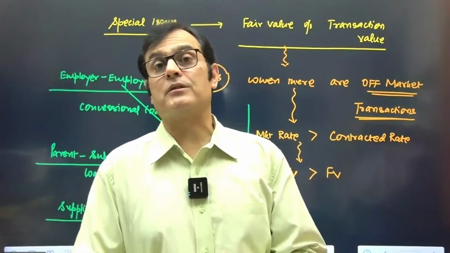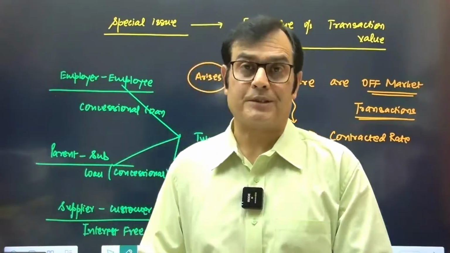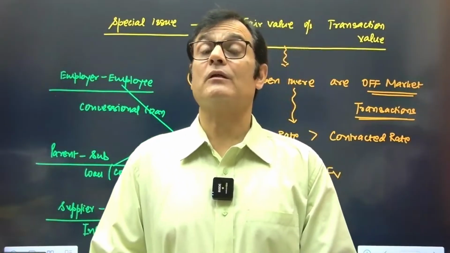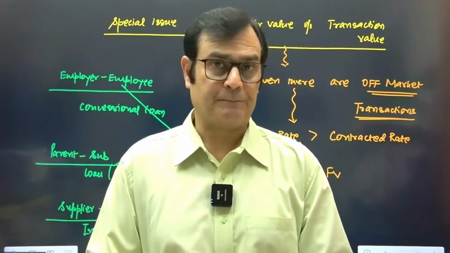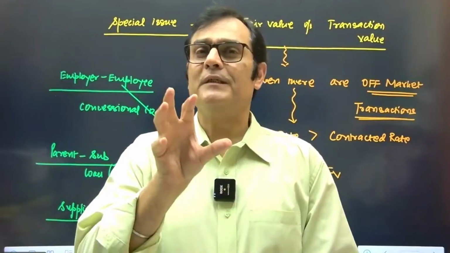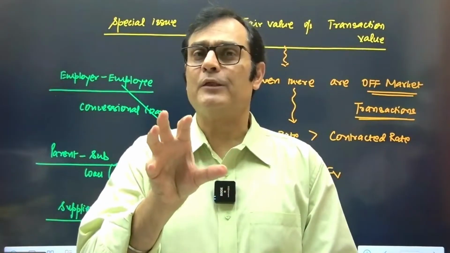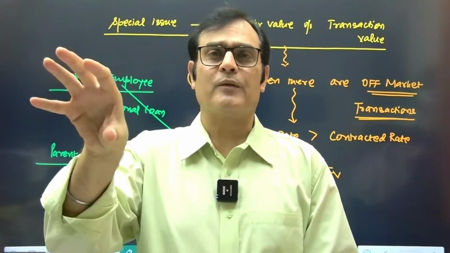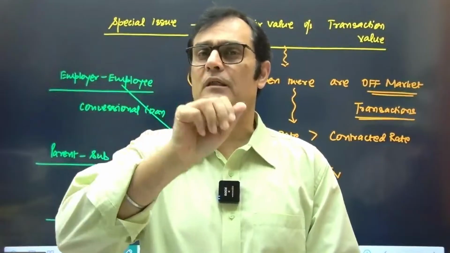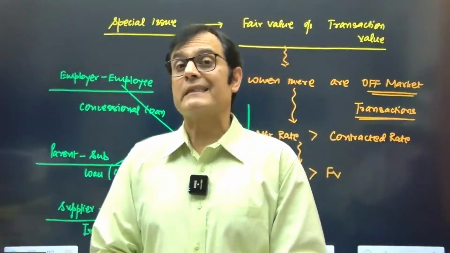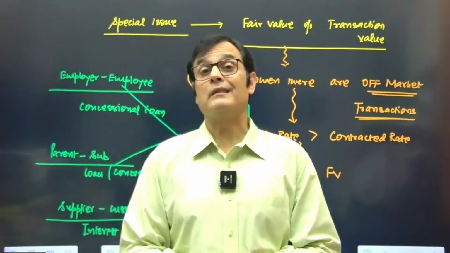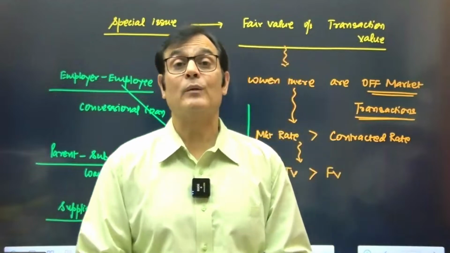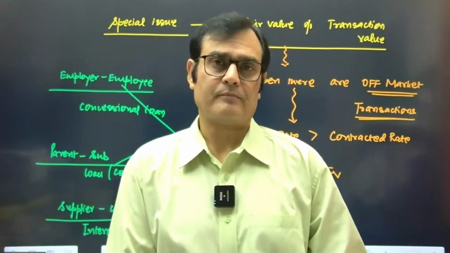One is based on observable inputs, and one is based on unobservable inputs. So if there is going to be a difference in the transaction value and the fair value, and this fair value is sourced on observable inputs, the difference is taken to the profit and loss account immediately. It's called a day one gain or loss.